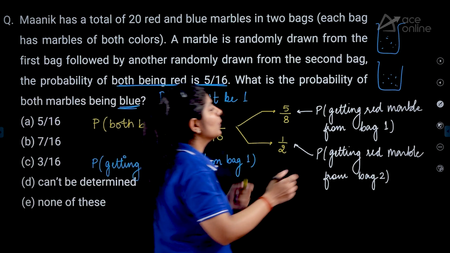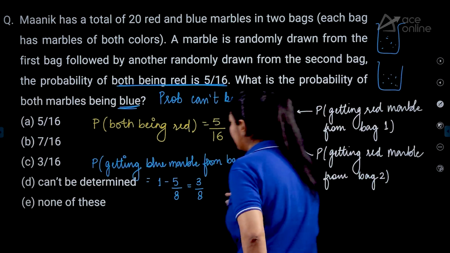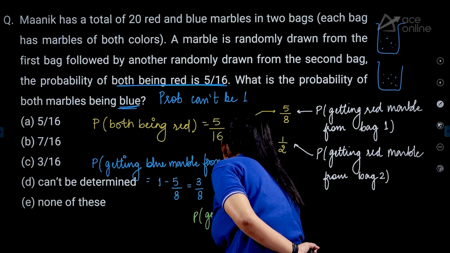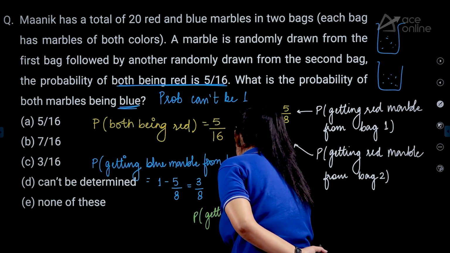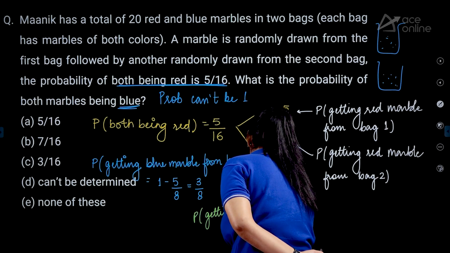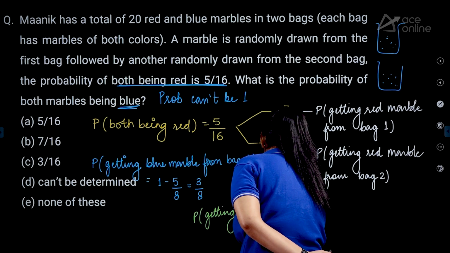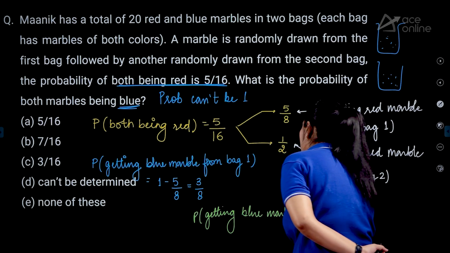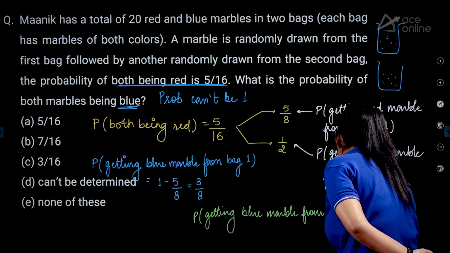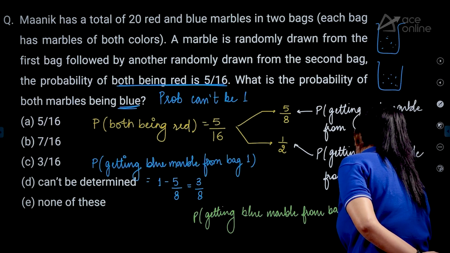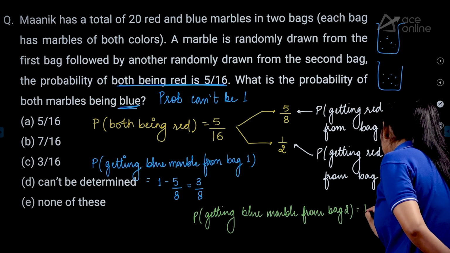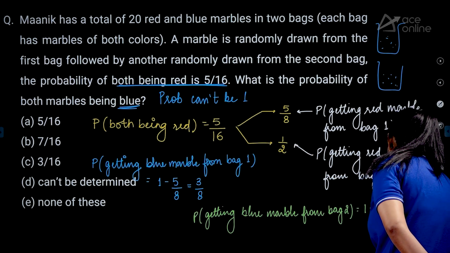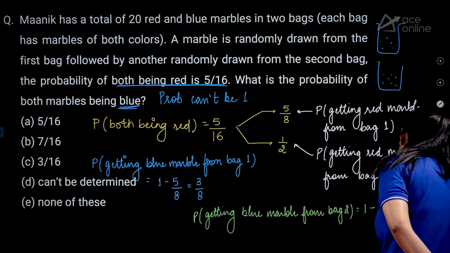So for this, we can write the probability of getting a blue marble from bag 2. It is nothing but total minus the thing that we don't want, which is 1 by 2. That means again we are getting 1 by 2.